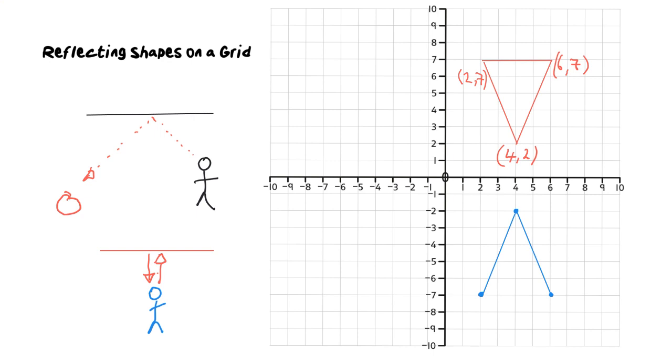And we have got a reflection of our triangle. What has happened is that we've kind of flipped it over. This point here has come down here, this point here has come down here, and this point here has come down here.